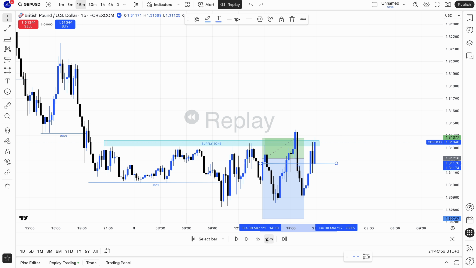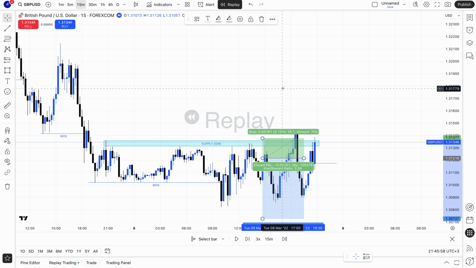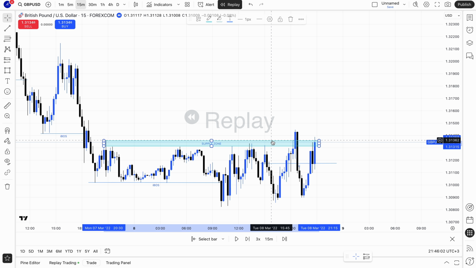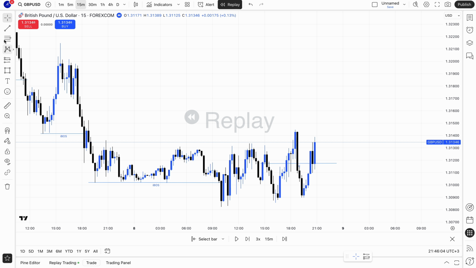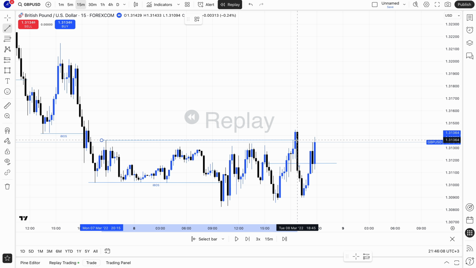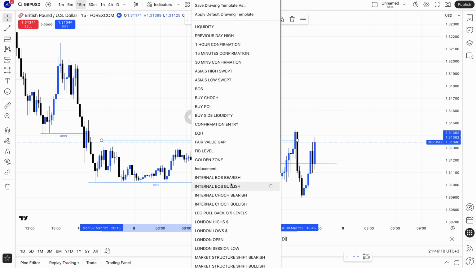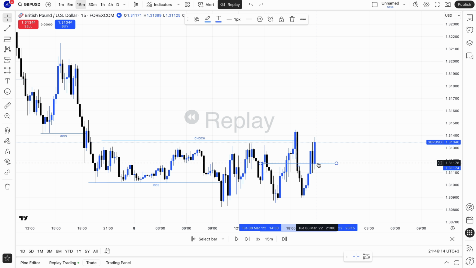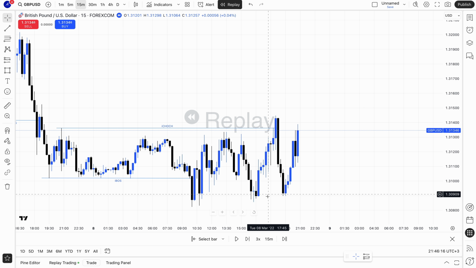Okay. Break even hit. Then you get a pullback, and you get a break of structure to the upside. Break of structure to the upside. Then London closes. Then you had our order block, which was here.